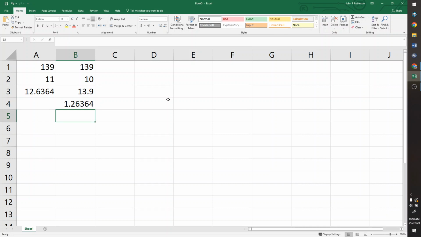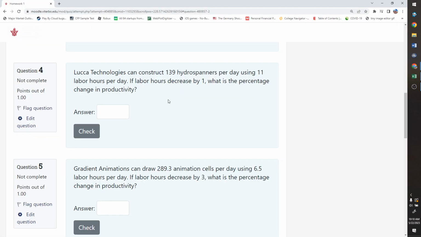So here's the improvement. So I think the problem is asking for what is the percentage change. So that would be change divided by, is it new or old? Percentage change, percentage change. I think it's new, but let's see if ChatGPT can bail us out.